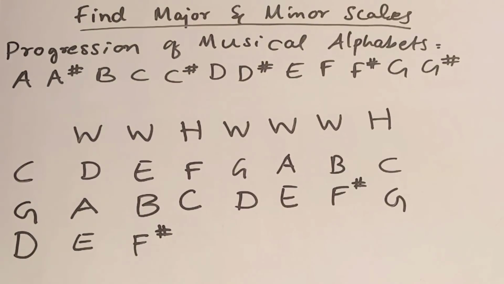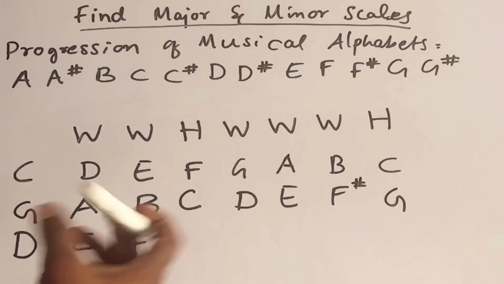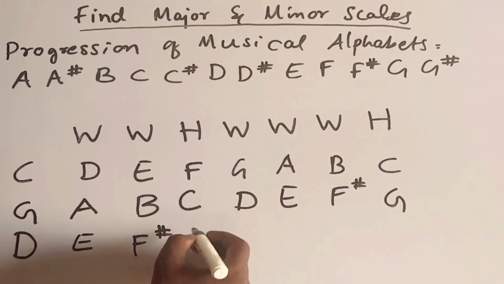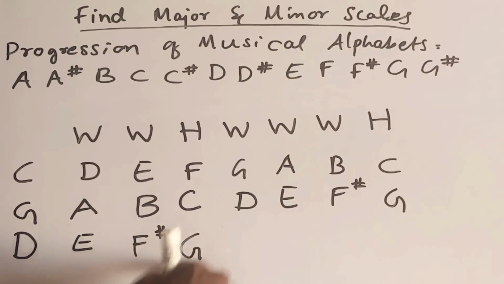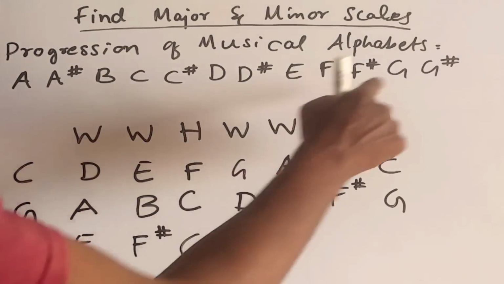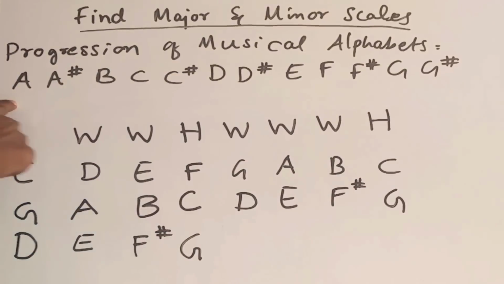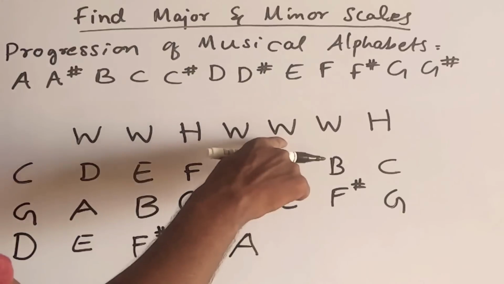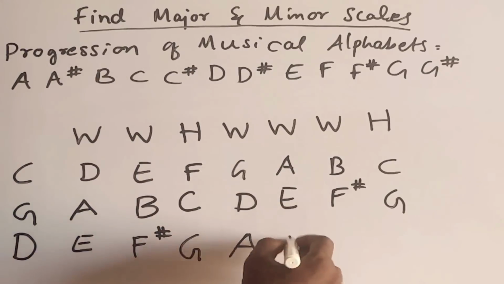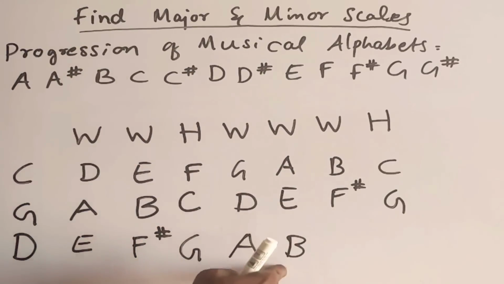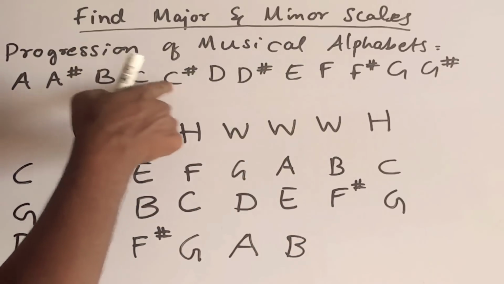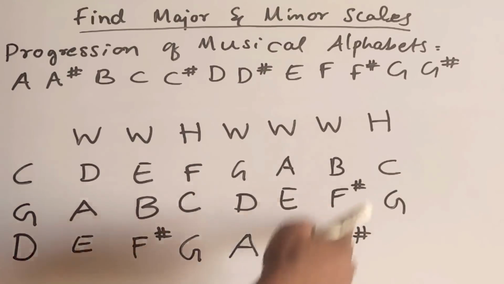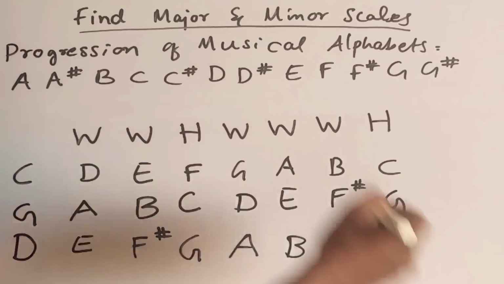From F sharp, the half step is G. The whole step from G is A. The whole step from A is B. The whole step from B is C sharp. And the half step from C sharp is back to D. And that is D major scale.